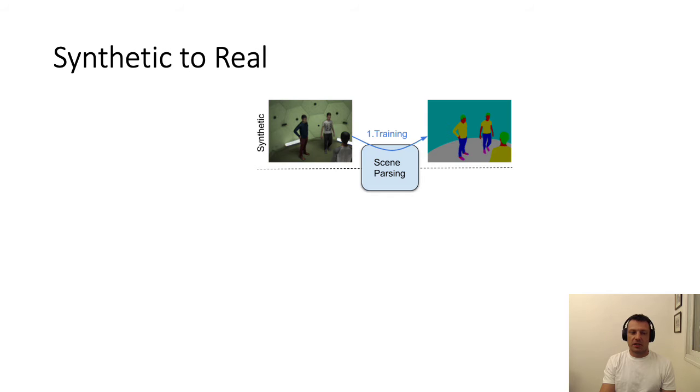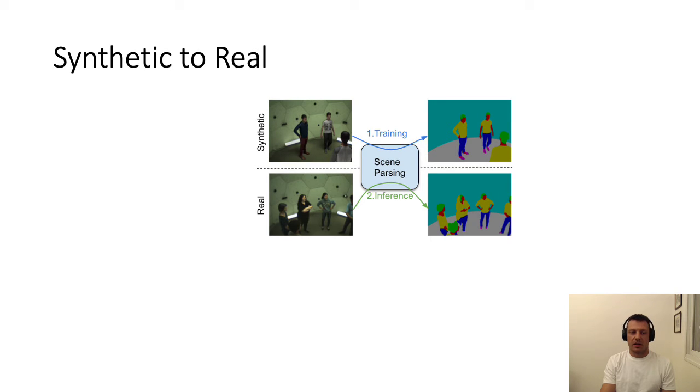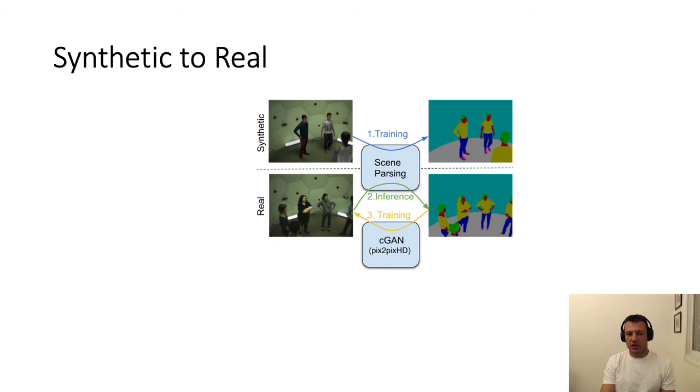We first train a scene parsing model using our synthetic data. The model segments the scene and the avatars into predefined semantic classes, for example, the floor, the walls, and the person's appearance. Next, we auto-annotate real data using the trained scene parsing model and train a conditional GAN on the opposite task of generating photorealistic scenes from a given semantic segmentation label map.